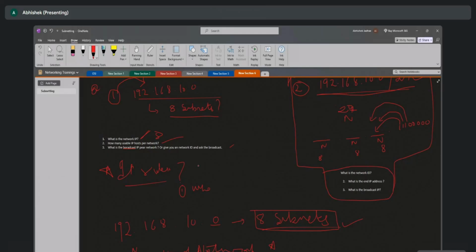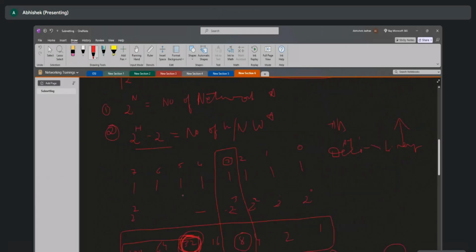You've been writing notes, right, guys? 2 bits in the host part in order to create subnets. Minimum 2 bits in the host part in order to create subnets. Exactly, that's right. So there should be a minimum of 2 bits available for you to create subnets. Without that, your subnetting is wrong.